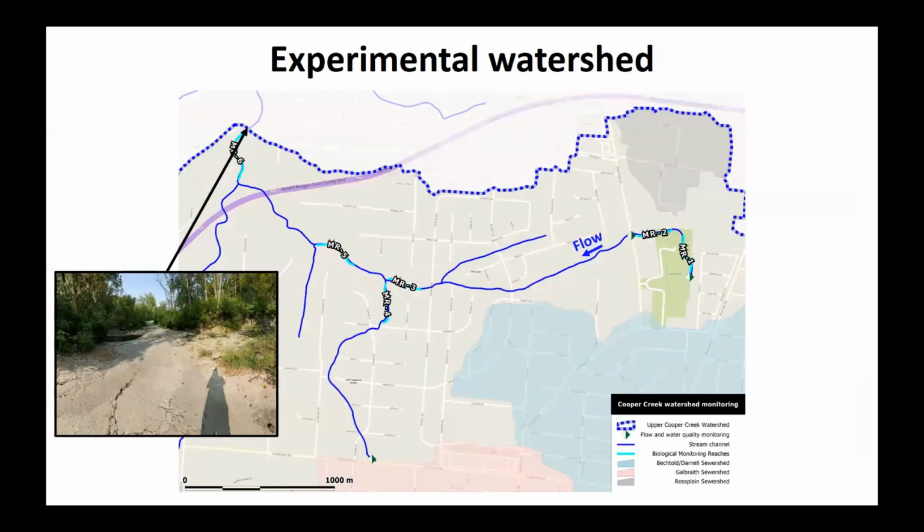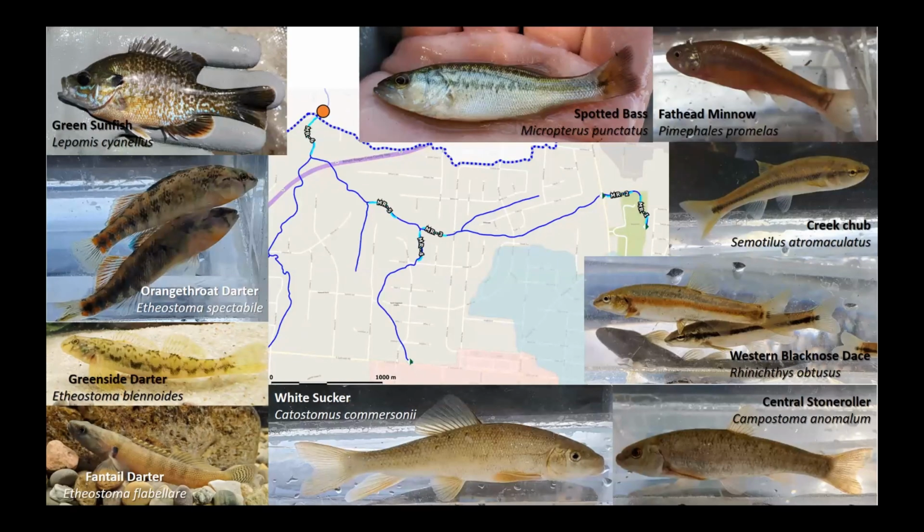And at the downstream end of this is that fish barrier that I showed you, a road crossing. And within this watershed, we've been monitoring fish populations in 6 areas shown in light blue on this map. And looking at the fish community, at the very downstream site, we see a broad variety of different species, from darters to sunfish and bass to minnows and suckers.